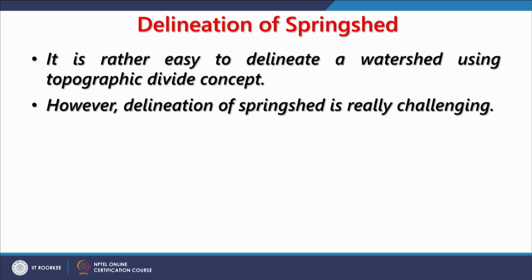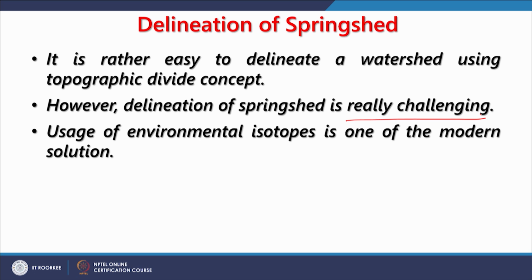So, delineation of a springshed, as I have said multiple times, is really challenging. Usage of environmental isotopes is one of the modern technologies. It is being used many times to find out the springsheds, from where the water is coming in a spring, and for this, isotopes which are friendly to the environment are used.